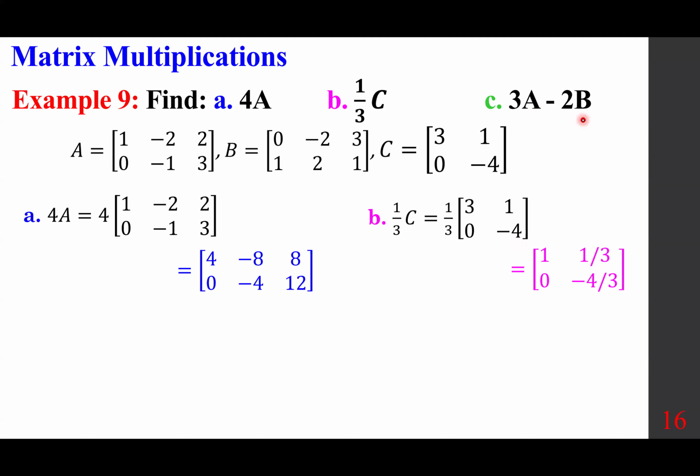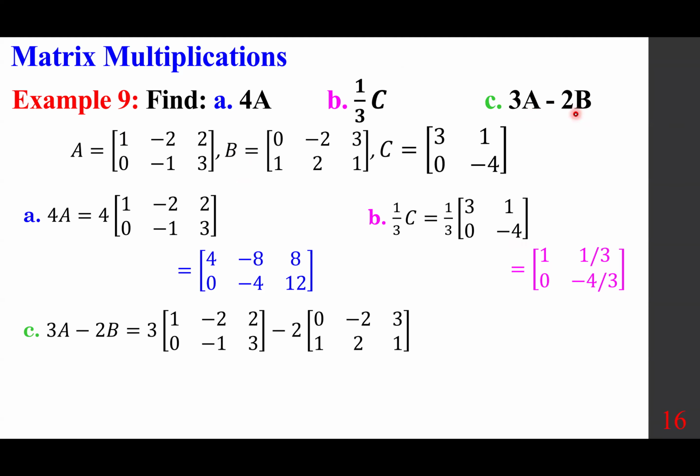3A minus 2B. So we write the A with 3 in front of it minus, we write the B with 2 in front of it. So let's see what happens.